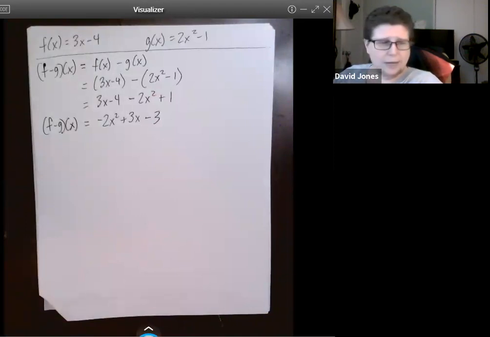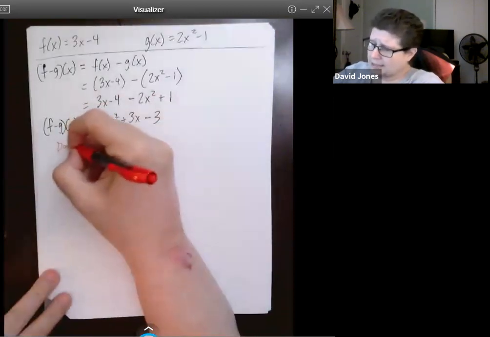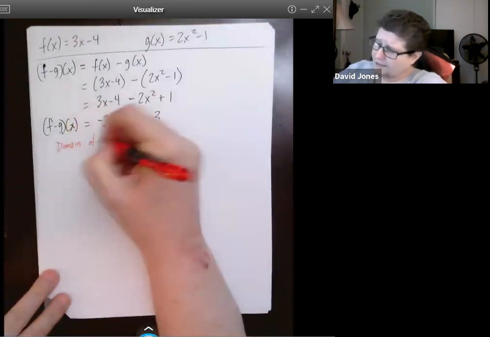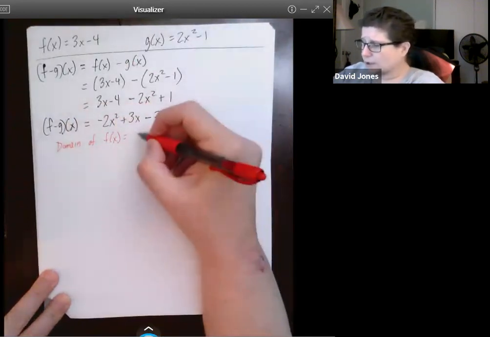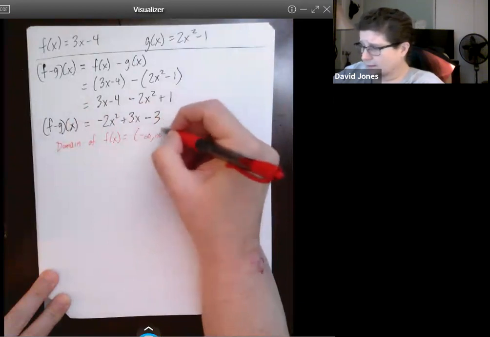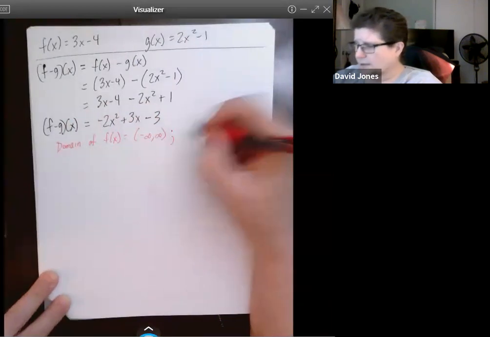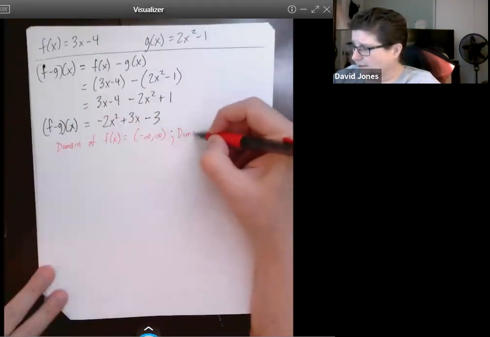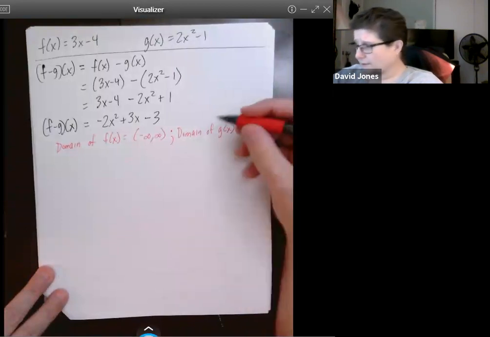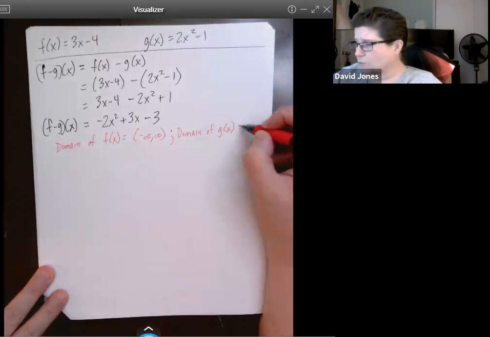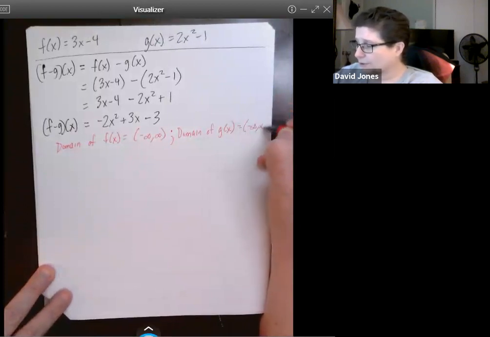And I mentioned domain earlier. Let's just take a look at the domain. The domain of f of x is, it's a line, so all real numbers work. The domain of g of x is a parabola, which has a limit on the range, but not on the domain. It's all real numbers.